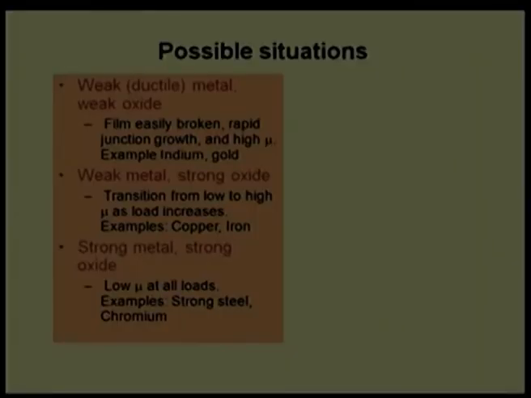I can think of some possible situations. Assume the metal is weak and the oxide layer is weak. Here, when we are talking about a weak oxide layer, it is not in an absolute sense, it is only a relative sense. This layer is attached to the ductile material, and the strength of that layer over the ductile material is low.